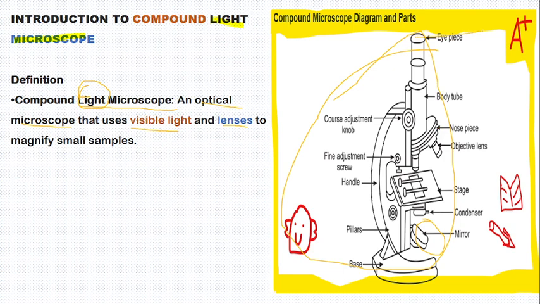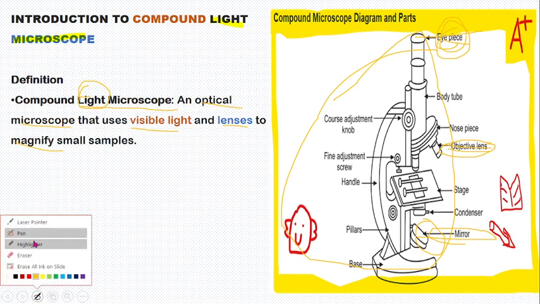We have a lens here in the eyepiece, and also the objective lens. The function of the mirror is to produce light, and by help of the magnification in the eyepiece lens and the objective lens, we get our object magnified. I hope you understand what a compound light microscope is.